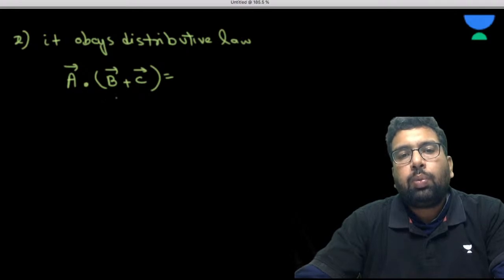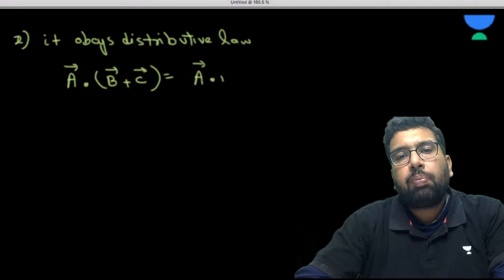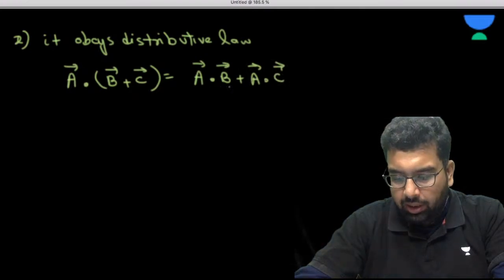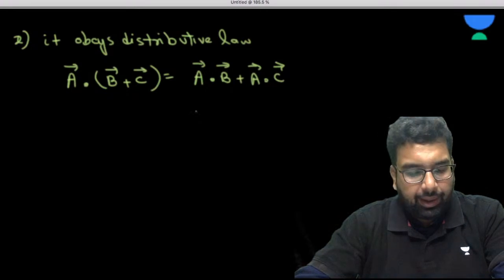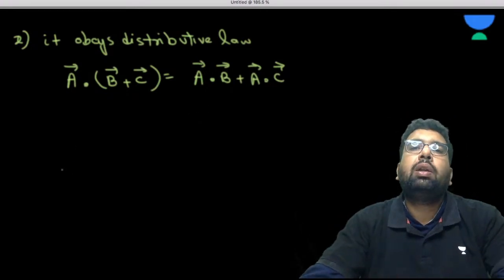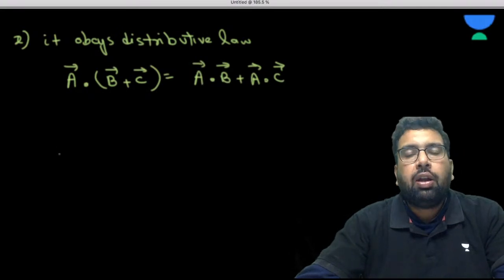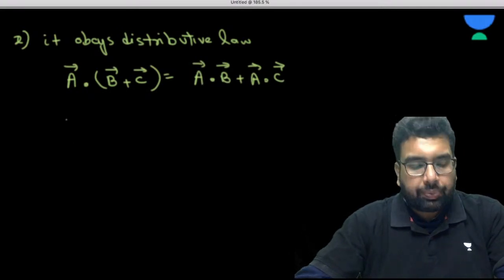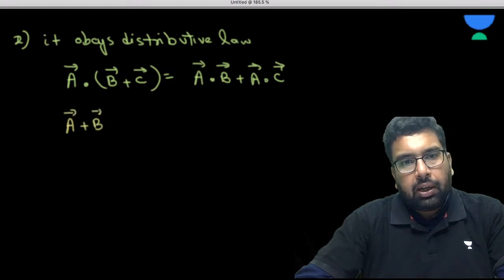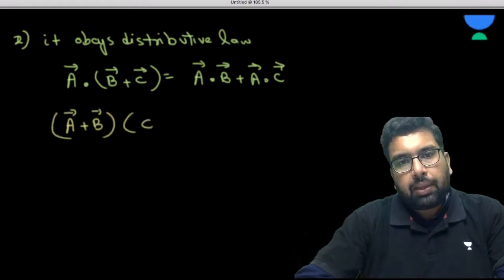So now it obeys distributive law. What is distributive law? You can write A dot (B plus C) as A dot B plus A dot C. Similarly, like algebraic multiplication, let's suppose (A vector plus B vector) dot (C vector plus D vector).